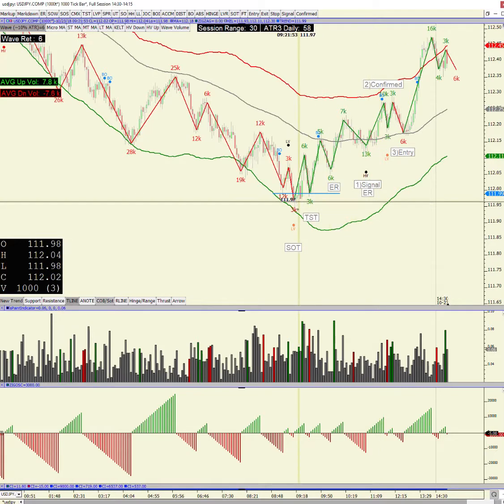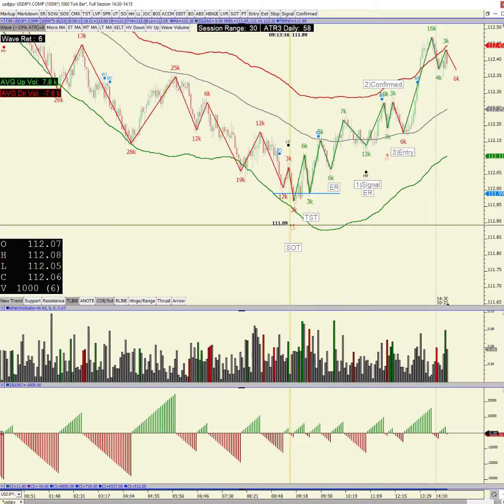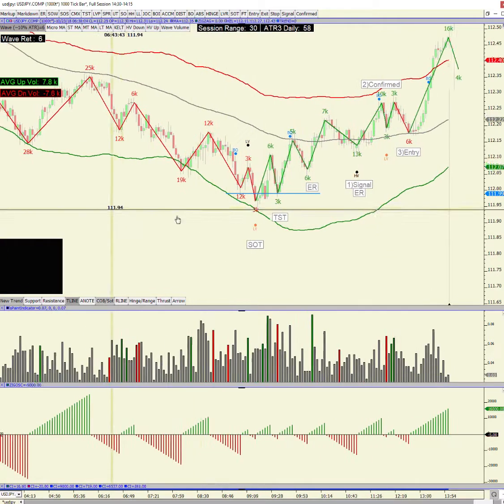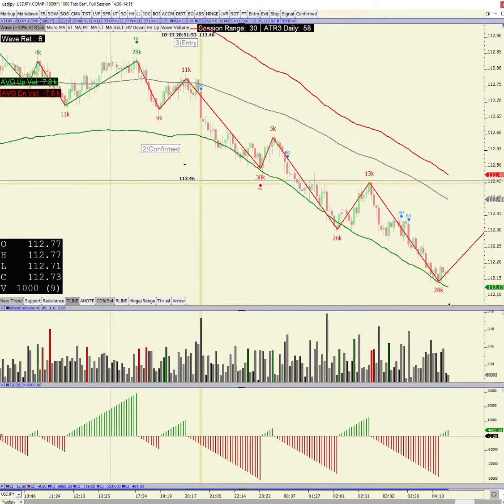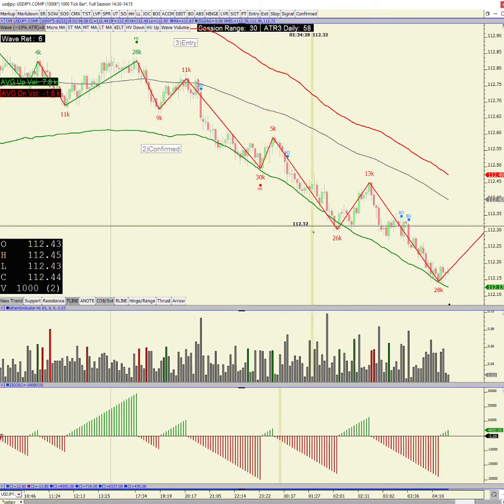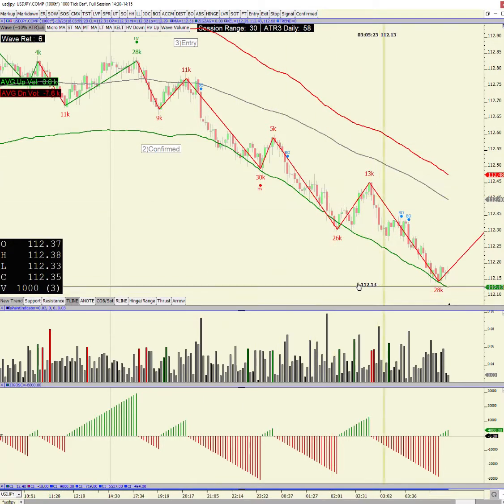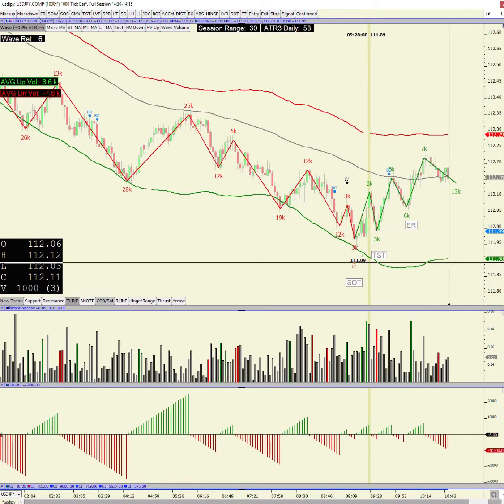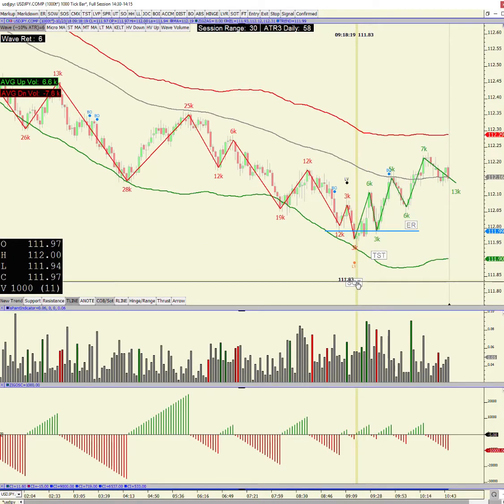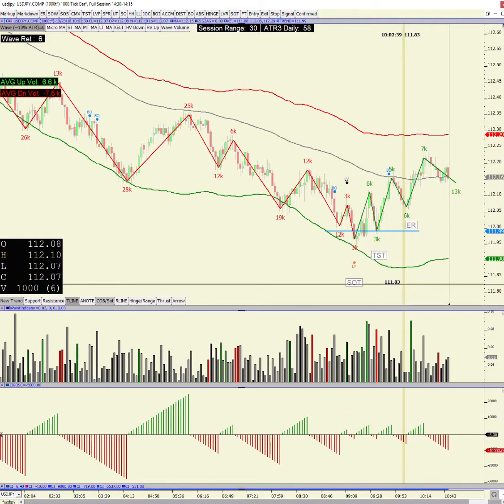So this time I've added the indication programmatically. But anyway, the key is, look at all the waves: 9, 11, 30, 26, 13, 28, and then bang, low volume on this wave down. That is telling you there is something of interest.